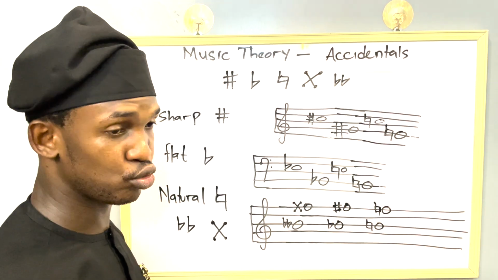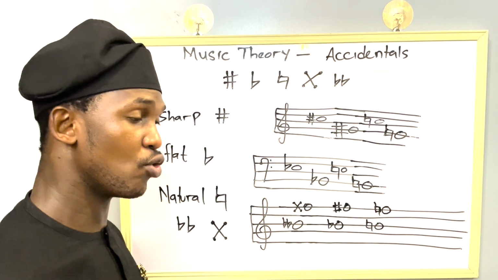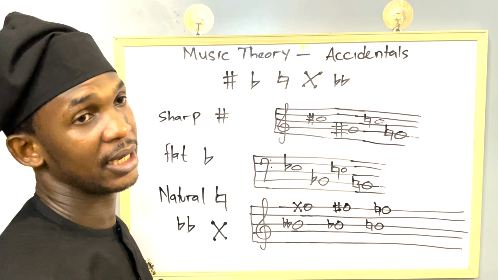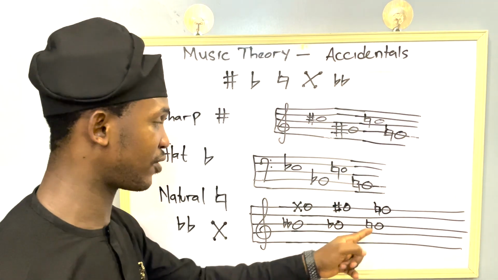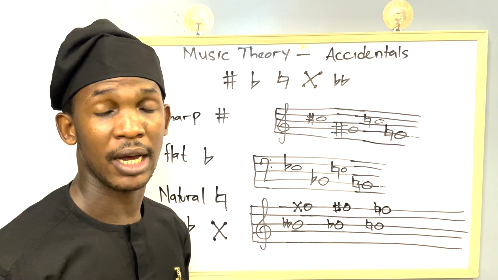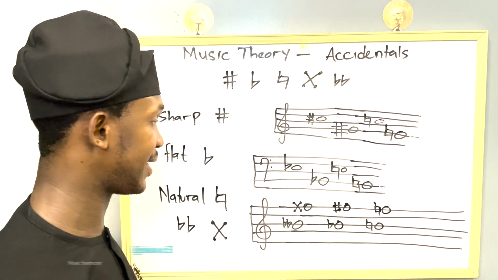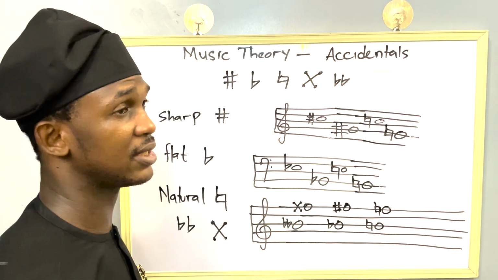A tone is 2 semitones, okay? And then you use double flat, which lowers the pitch of that particular note it is standing in front of by 2 semitones. Of course, we can't forget our natural that restores the pitch of the note to its natural state. Okay, so I think that is all we can accommodate on accidentals today.